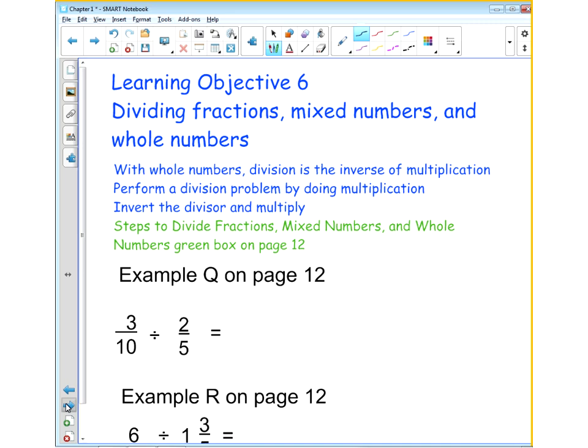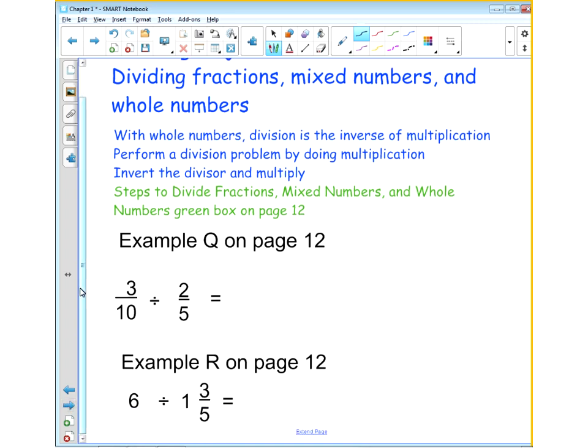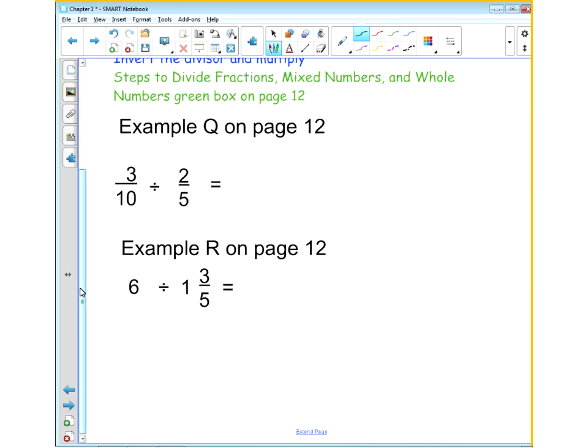All right, if we had a mixed number, the first step would be to convert the mixed number to an improper fraction. But we don't have that here, so we'll just move right along. We've got 3/10, and then the key is we're going to flip this pair right here and turn it into multiplication. So we're going to take 5 over 2.